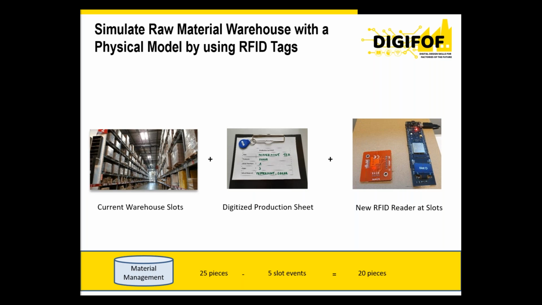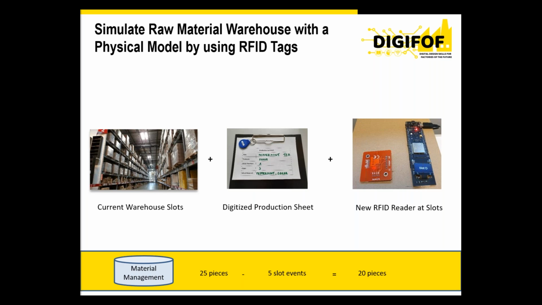And instead of using Petri nets or tablets, also raw materials can be captured by digitizing the slots, and this can be done by directly introducing RFID readers mounted at each slot.